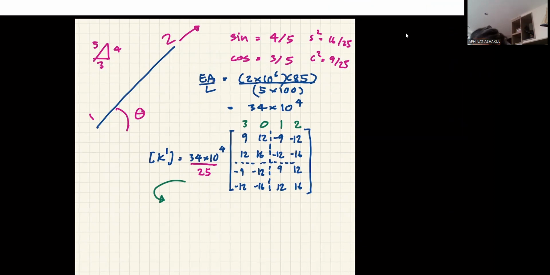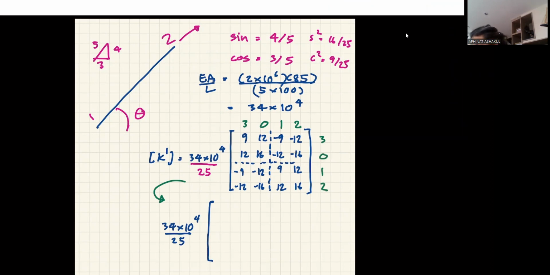But anyway, something up front is going to be the same. So let me write down 34 multiplied by 10 to the power of 4 over 25. Now we're going to shuffle this. I should write it in both directions: 3, 0, 1, 2.